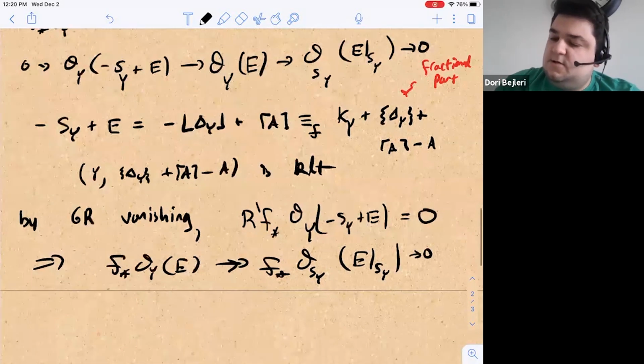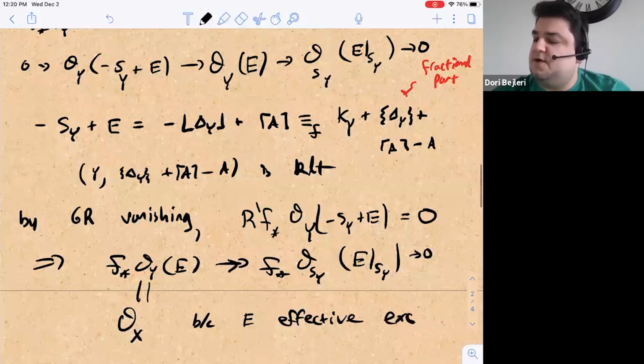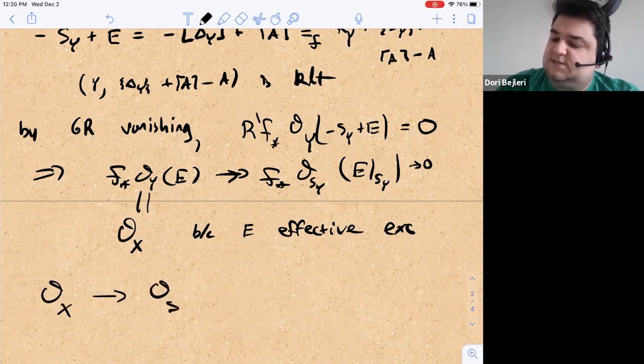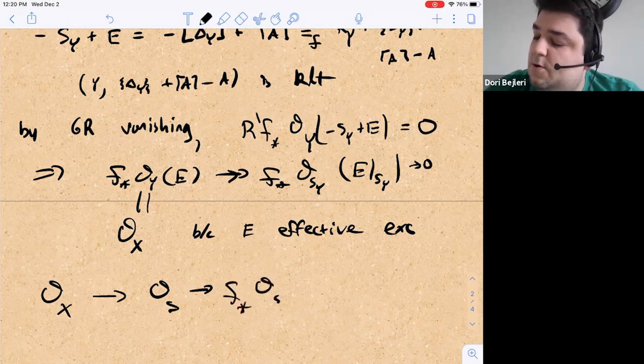But now E is effective exceptional. So this is just O_X. On the other hand, if we write down the composition, we have O_X surjects onto O_S. That's the structure map. That's compatible with the isomorphism of f lower star O_Y of E with O_X. And now we have the composition with f lower star O_{S_Y}.